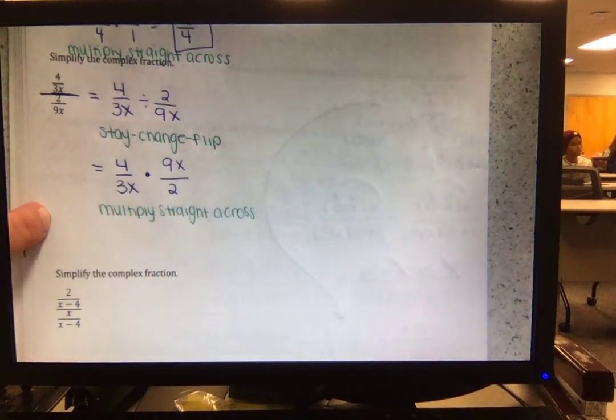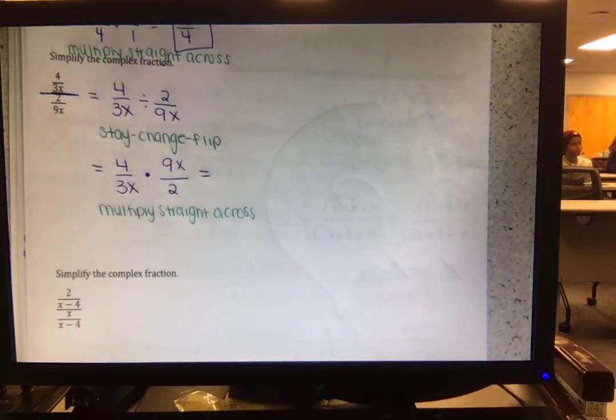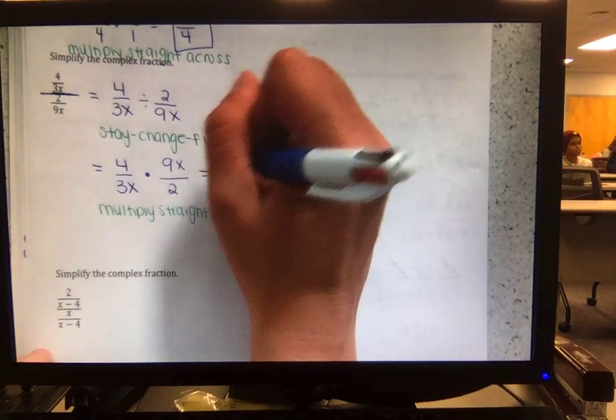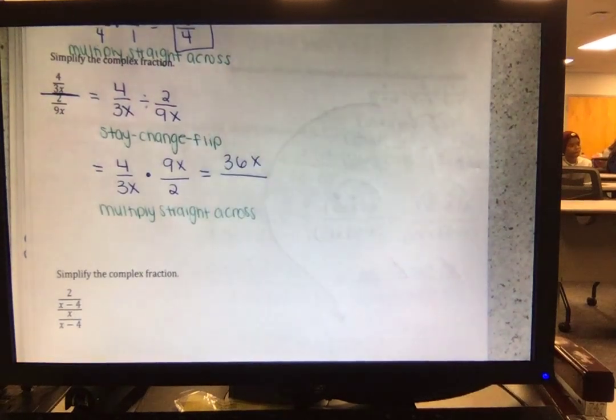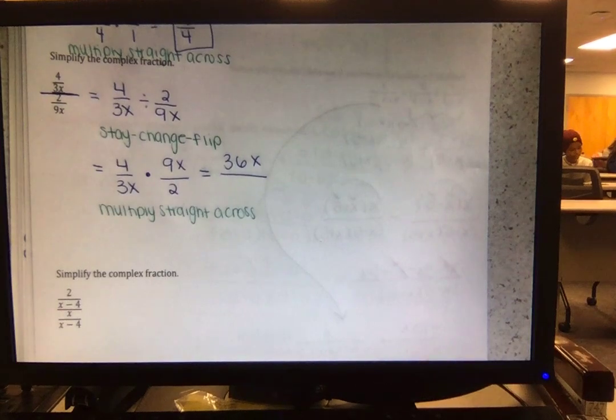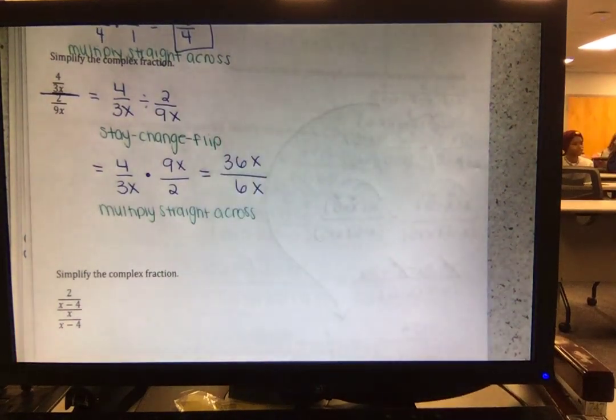So 4 times 9x, help me out. 36x. All over 3x times 2, 6x. How can we simplify this?